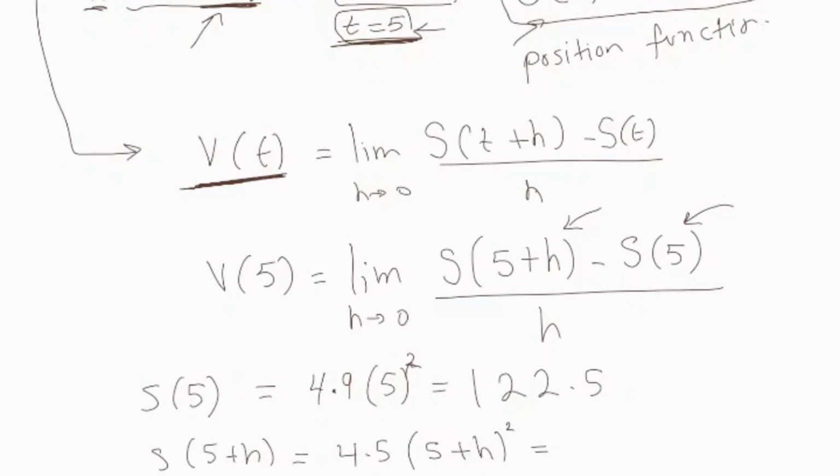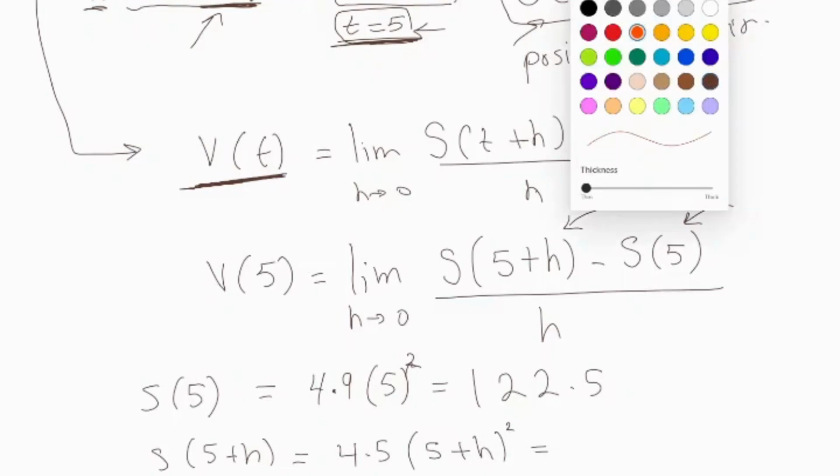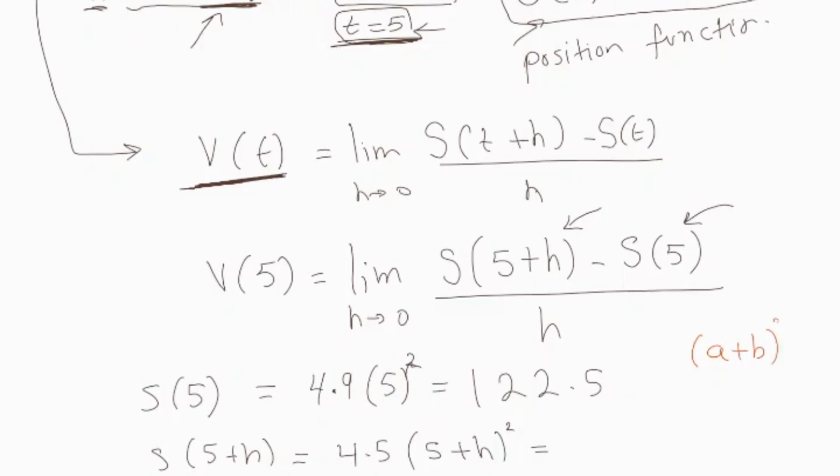If I apply the formula that says a plus b squared is equal to a squared plus 2ab plus b squared, my a is the 5 and the b is the h. This is equal to 4.9 times 5 squared plus 2 times 5 times h plus h squared.